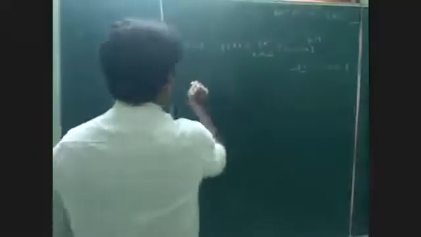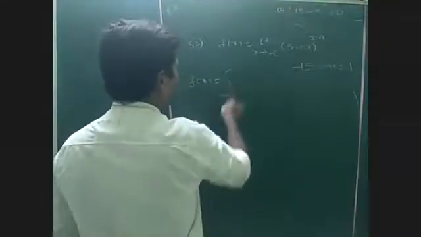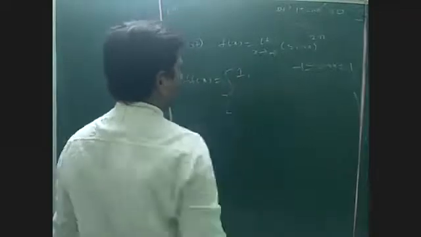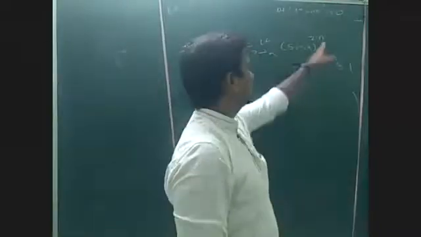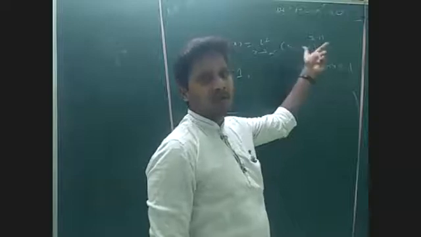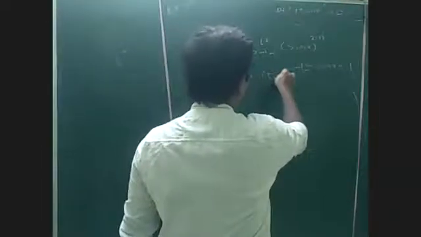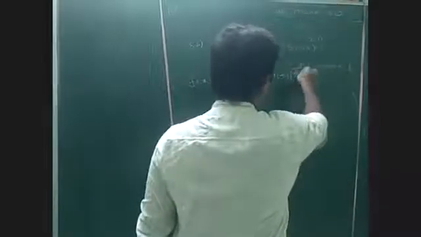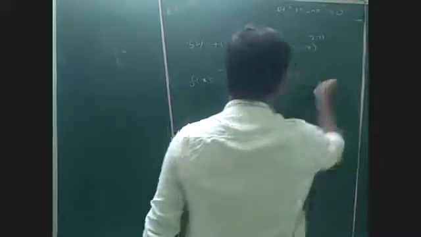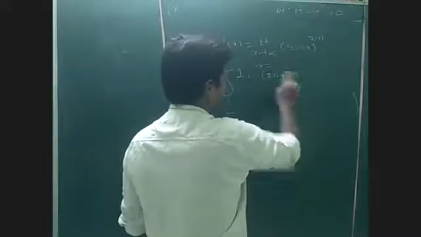So what shall we write here? Limit n extends to infinity. There are two cases. If it is 1, when x is equal to 90 degrees, it will be 1, and power 2n will be there. Even if it is minus 1, it will become 1. So it will be 1 when x is equal to (2n plus 1) pi by 2.